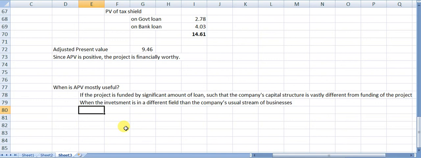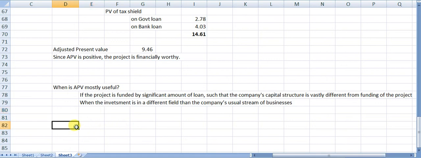So you can't apply the company's cost of capital to the project, because the company's cost of capital will reflect the company's businesses, whereas the new project is in a different business, so industry risk is going to be different, isn't it? So in those situations also, you can't use the normal NPV calculation. So these are the two situations where APV would be more useful than NPV. A couple of times they have asked you directly when APV is more useful.